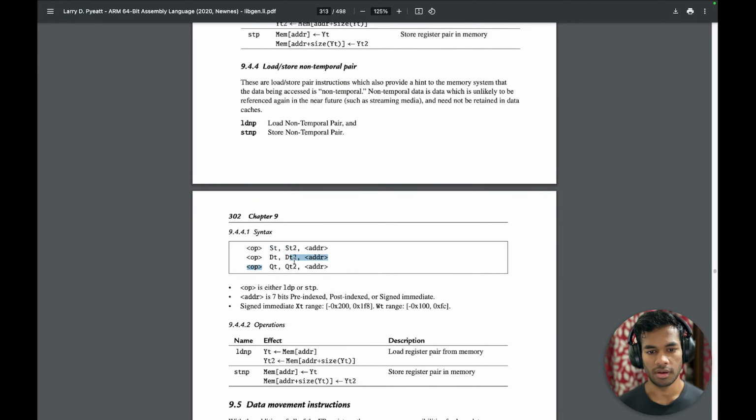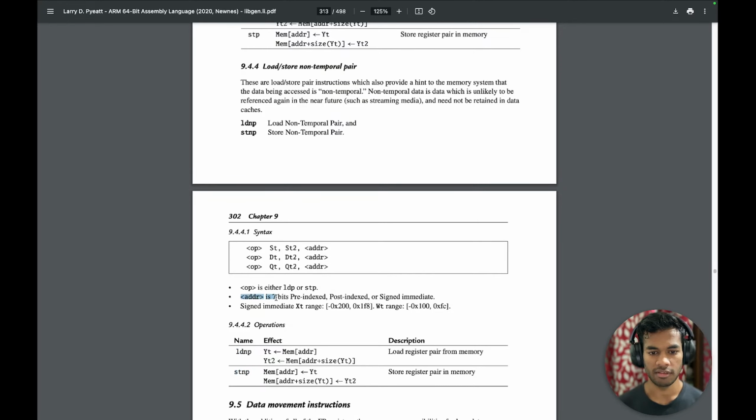Yep, these are the values of the registers, and these are the addresses. Operation is either load pair, store pair, or I think load pair non-temporal and store pair non-temporal like this.